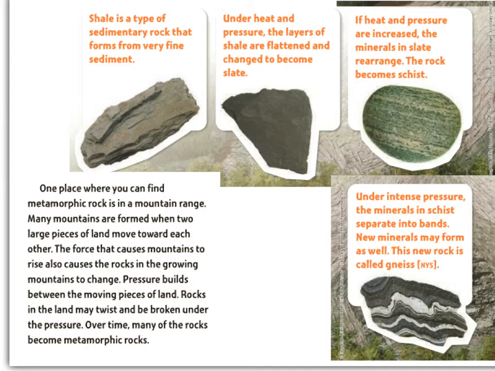Under intense pressure, the heat and pressure can separate those minerals into bands, and it can form new minerals as well, and that rock is called gneiss. So shale starts out as a sedimentary rock and can change into 3 different types of metamorphic rock based on the amount of heat and pressure that is added over time.